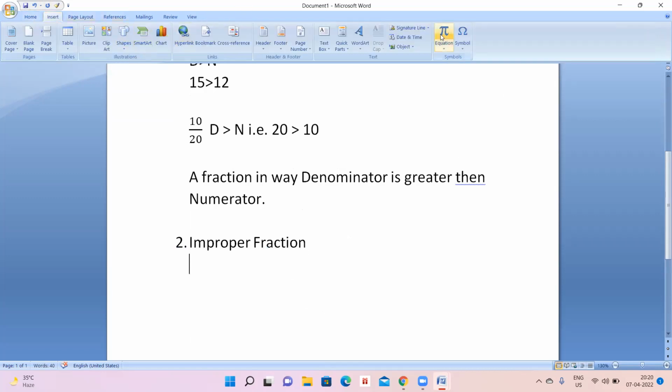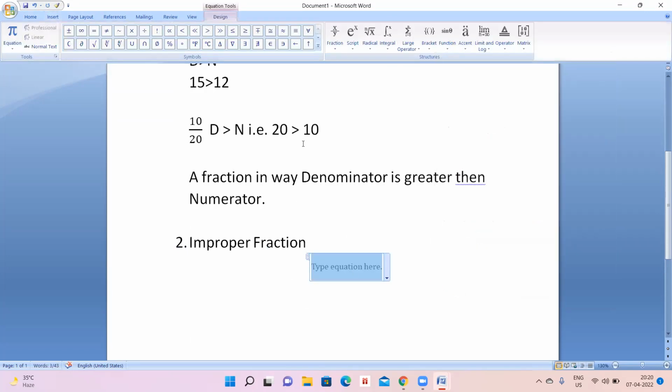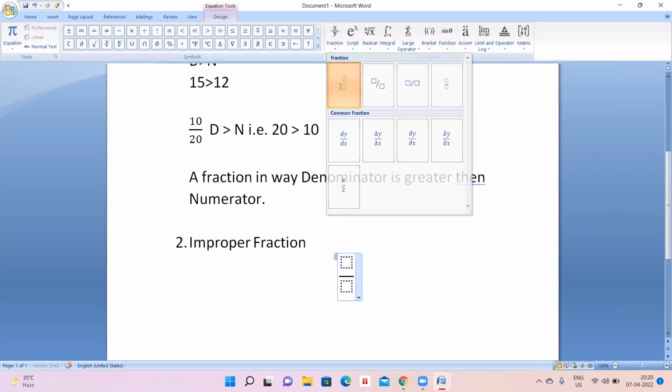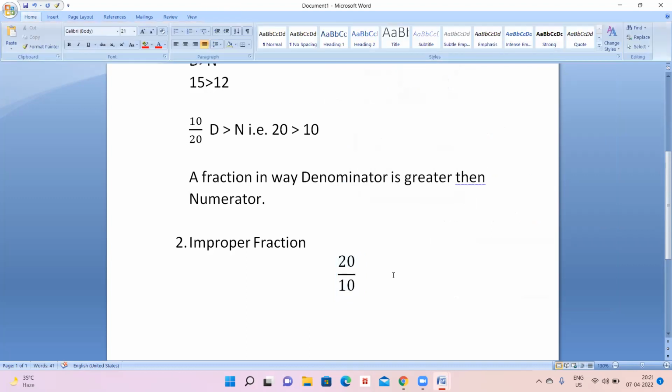In an improper fraction, the numerator is greater than the denominator. Suppose a number is written like this, 20 upon 10, where you can notice that the numerator is greater than the denominator.